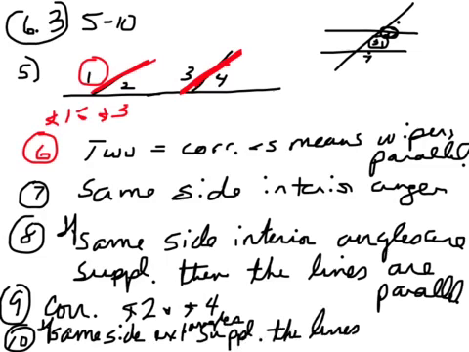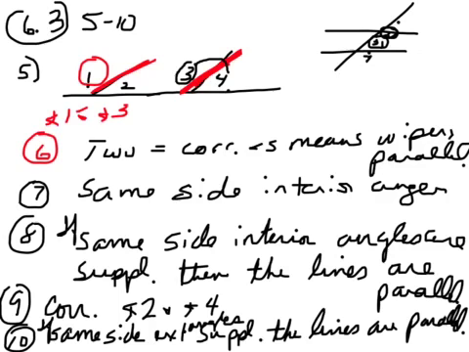I'm not sure if the book gave you that theorem, but most books do. If it didn't give it to you, it would be easy to prove it. I don't know if I see that in your book. They didn't give it to you. But if 1 and 3 are corresponding and 3 is supplementary to 4, then 1 and 4 are supplementary. So they're kind of working backwards from that idea.